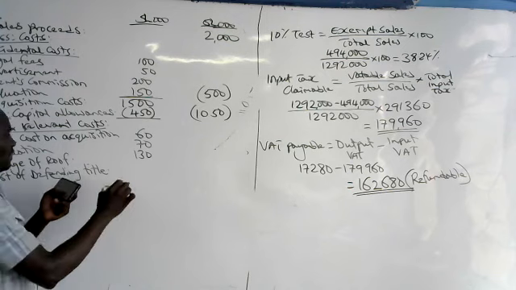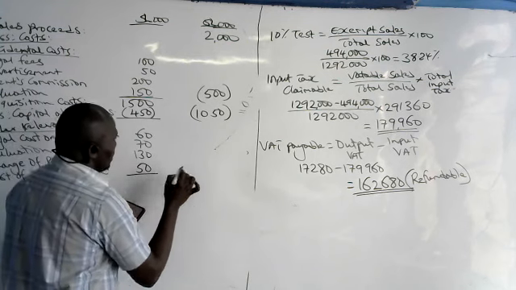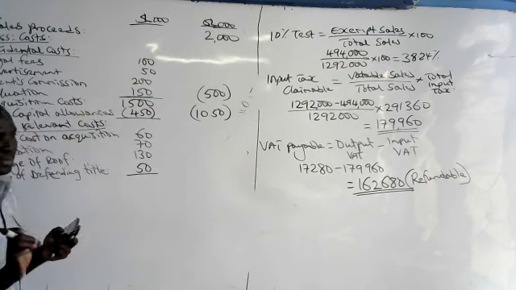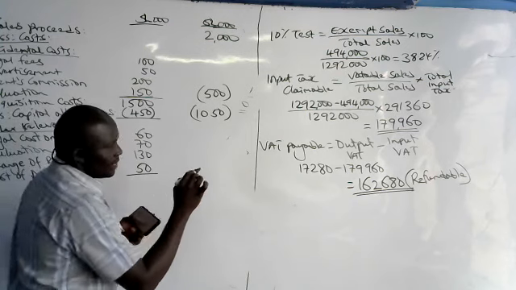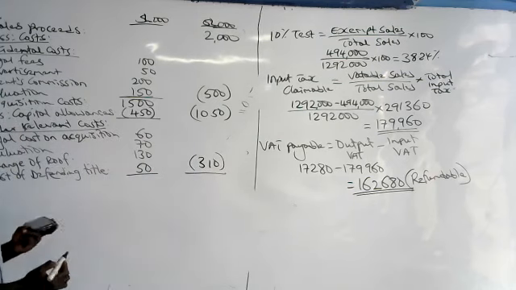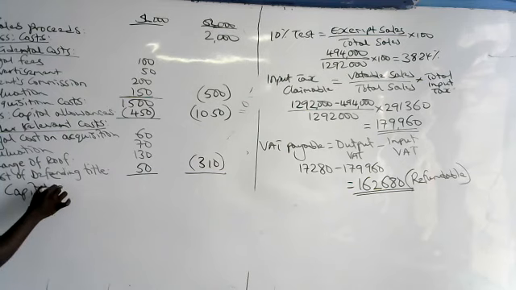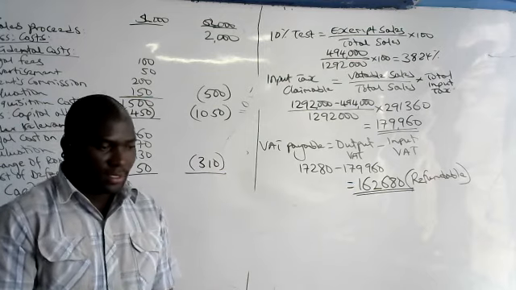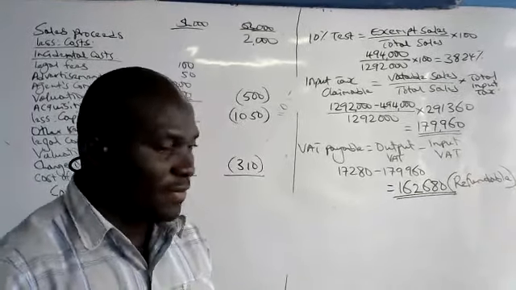So truly defended, 50. We have finished. So how much does it come to? 310. So we have the capital gain. Capital gain of how much? 140.